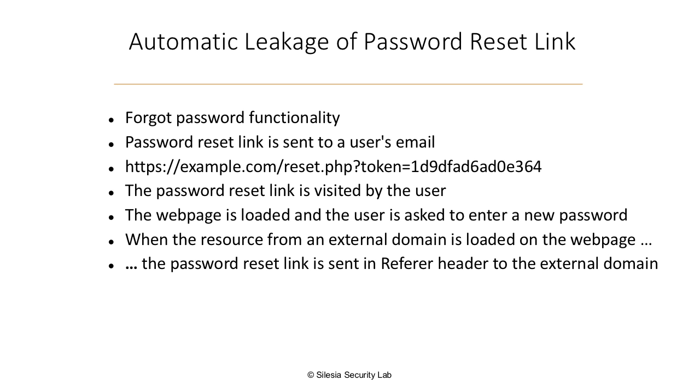So we've got our web page. In the URL bar, we've got a password reset link. If this web page needs to fetch data from an external domain, like for example an image, then the browser sends out the request. And in this request, there is a Referer header. The browser takes the URL from the URL bar, puts this data, so our password reset link, into the Referer header, and then the request goes out to the external domain.